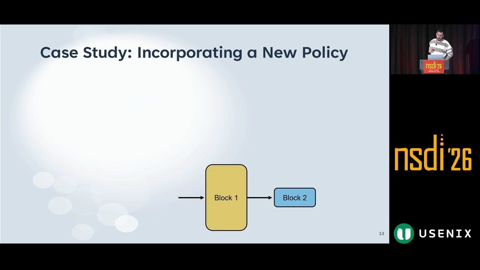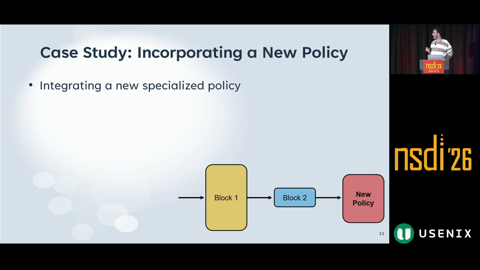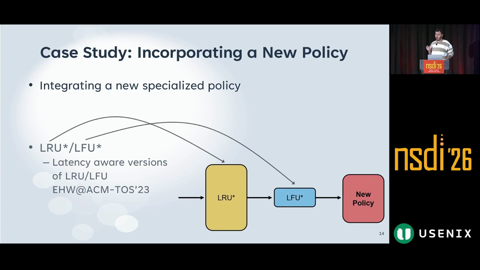We are going to try and incorporate a new policy into existing policies. So we are going to create a new specialized policy and put it at the end of a pipeline in order to get something better than the sum of its parts. So we start by using existing blocks, LRU star and LFU star, which are latency-aware versions of LRU and LFU introduced in previous work.